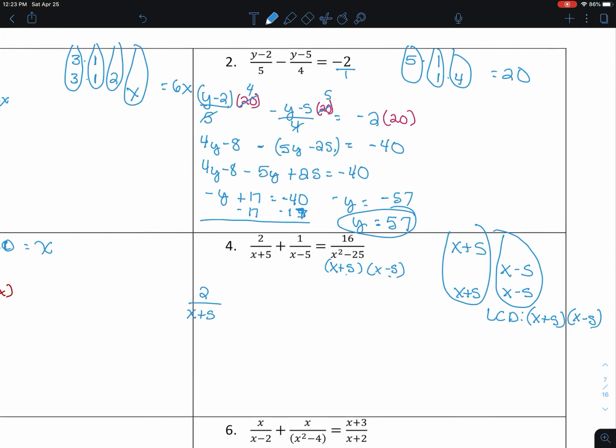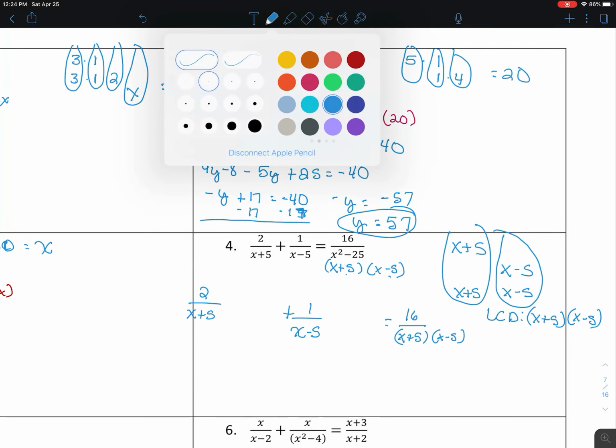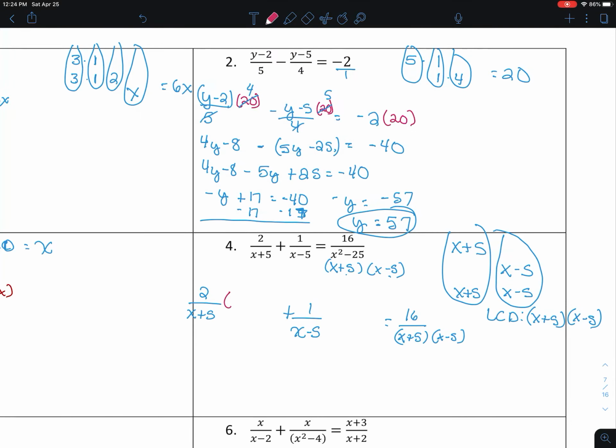So I have 2 over x plus 5 plus 1 over x minus 5 is equal to 16 over x plus 5 times x minus 5. And then I'm going to multiply by the least common denominator, which is x plus 5 times x minus 5.